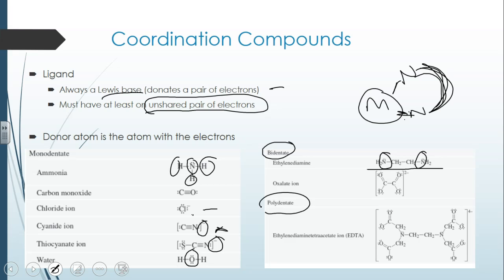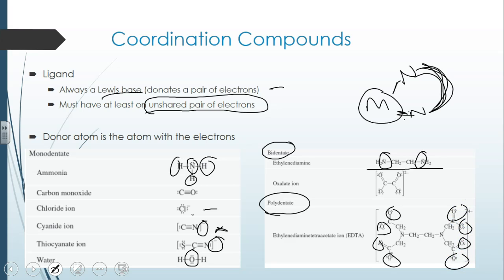And then polydentate, okay, is something that can bite in several places, more than just 2. EDTA is a very common example where you have oxygen atoms all over the place that can latch onto a metal ion, for example.